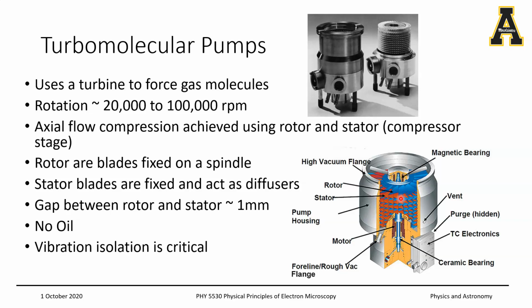So if you were to turn on this pump directly in atmospheric pressure, because there's just a gush of air molecules coming in, these blades are going to bend over and break, and that's colossal damage, because you lose a $10,000 vacuum pump in a matter of seconds.